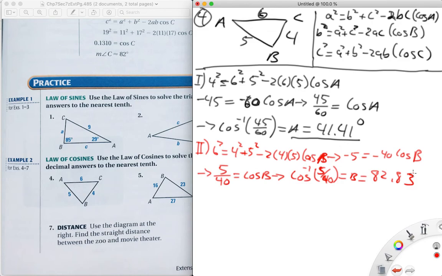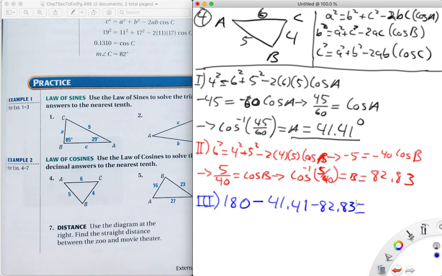Now at this point, I could use law of cosines again to find the other angle, and I would still get the same answer. Or, since I already have two angles, I can just use the triangle sum theorem and subtract those two from 180 to get my other angle. Either way gets you there.